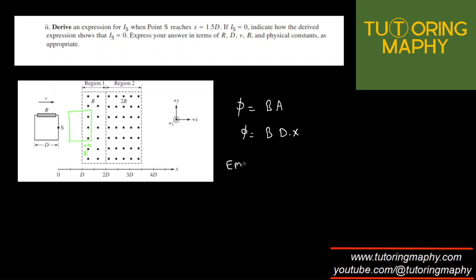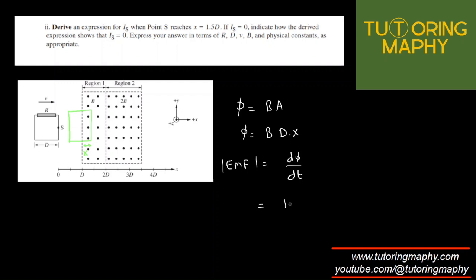And what is the EMF magnitude? EMF magnitude is d phi over dt. So d phi over dt will make d over dt of B D X. B and D come out because these are constants, and we are left with dx over dt. And what is dx over dt? Isn't dx over dt just v? Because dx over dt is the velocity, right?